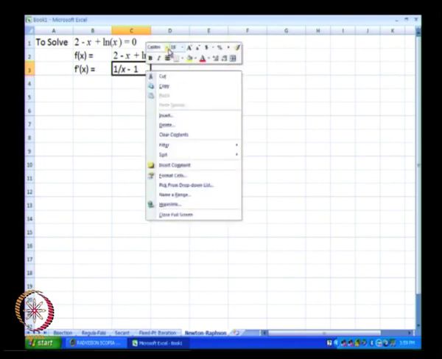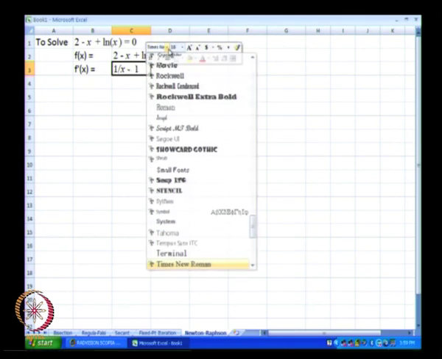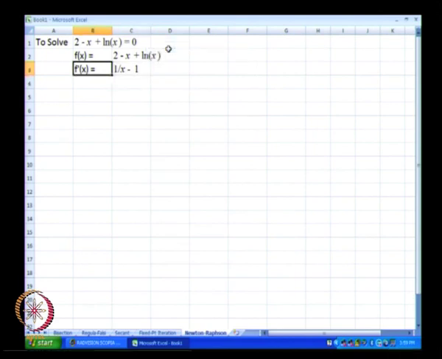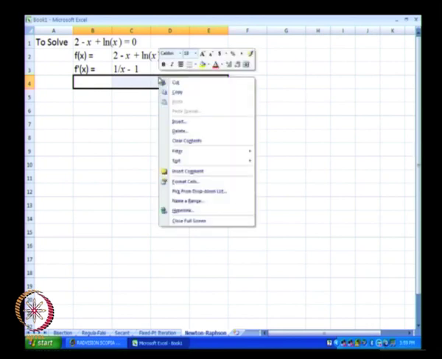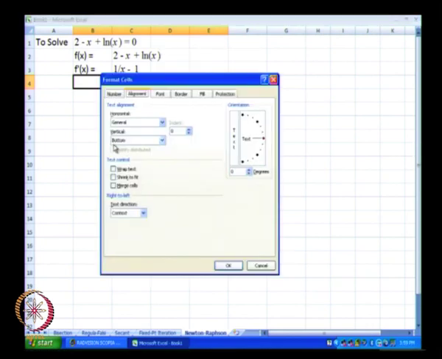Now for Newton-Raphson's method, we need f of x and f dash of x, and that is sufficient for us to start.